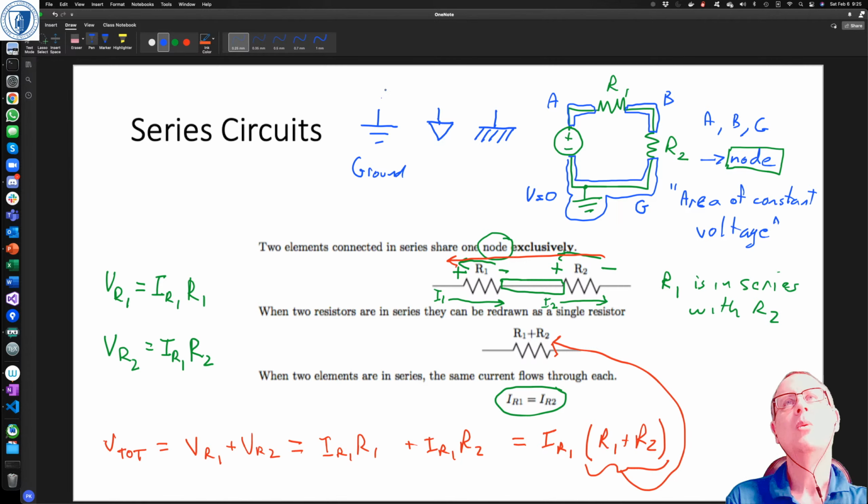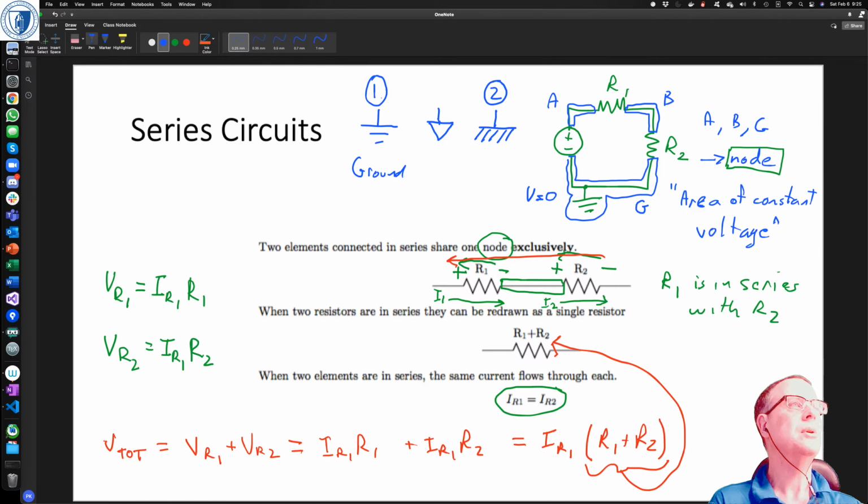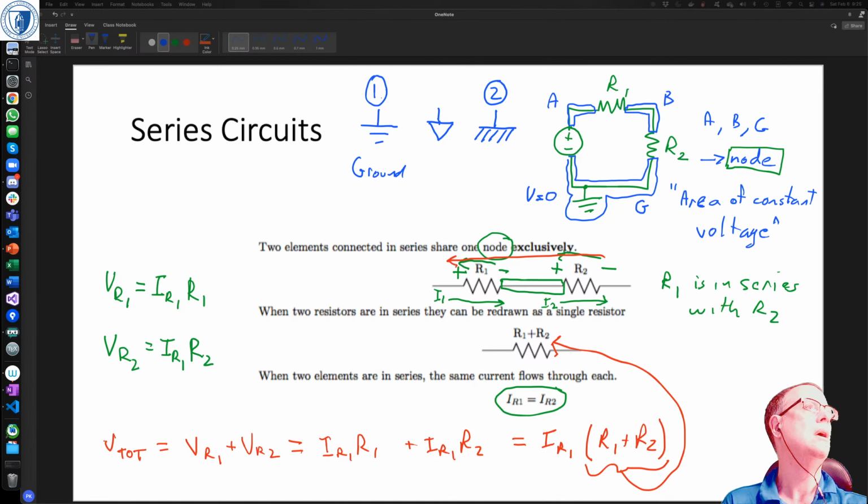On why this ground symbol 1 might be used versus ground symbol 2. The first one, I think that symbol's like Earth because it's like a surface symbol. Yeah, exactly. So it is like Earth.